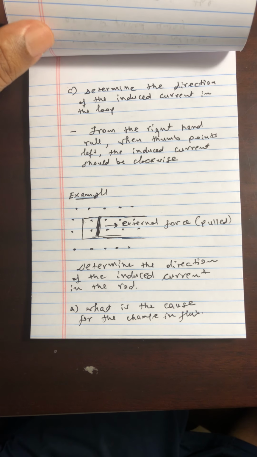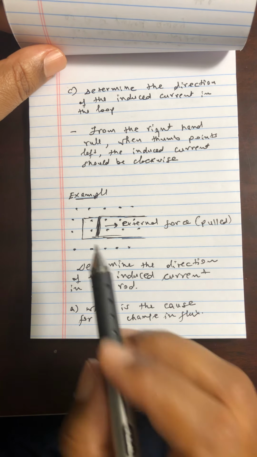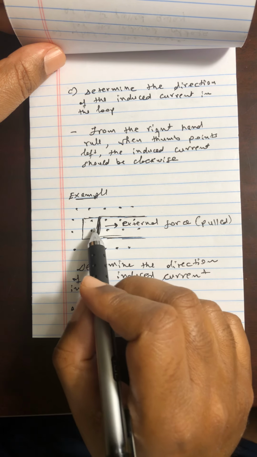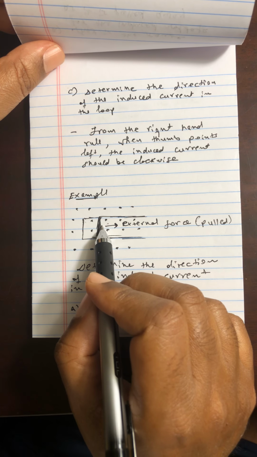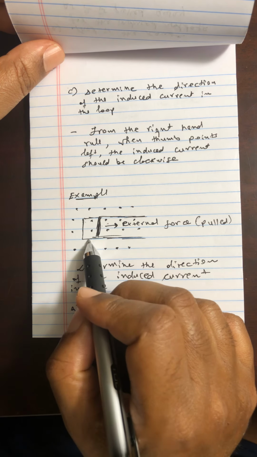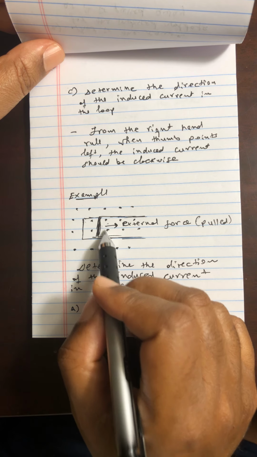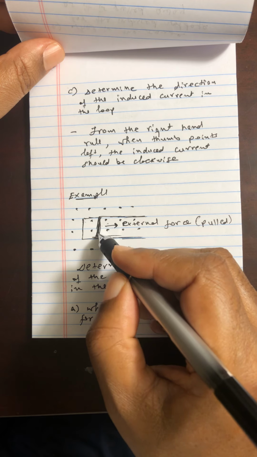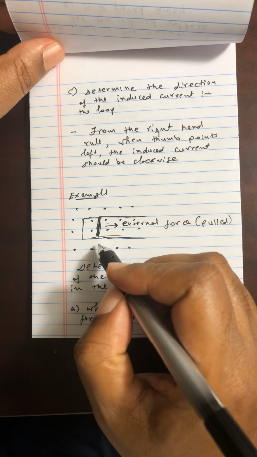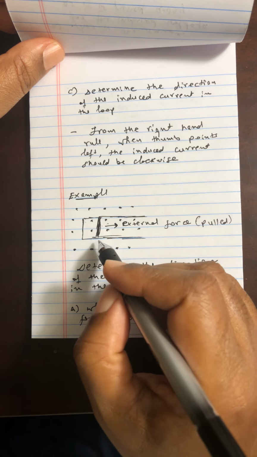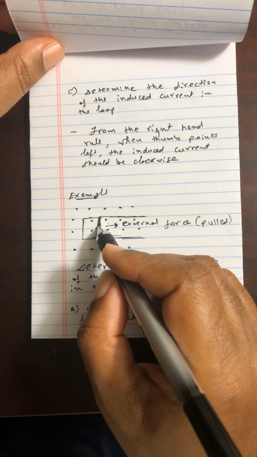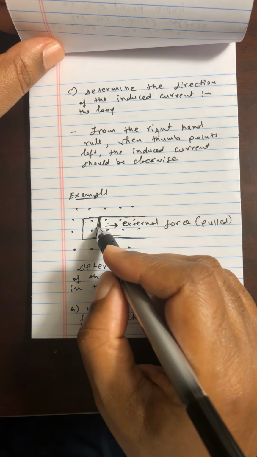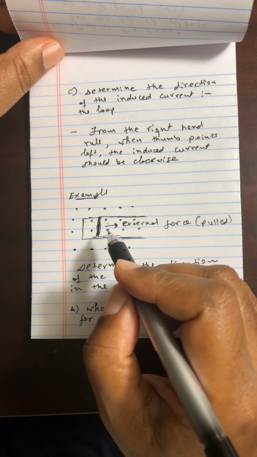Now what's going to happen is, as the area increases, there will be a change in flux. The change in flux will produce induced voltage, and that induced voltage will produce current. So we have a current-carrying rod placed in a magnetic field. And as you remember, a current-carrying rod placed in a magnetic field is acted upon by a magnetic force.